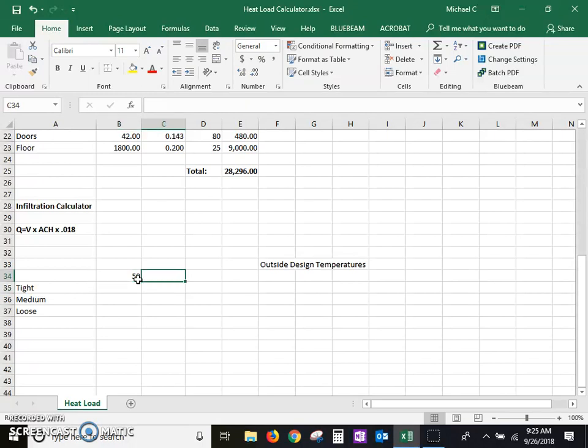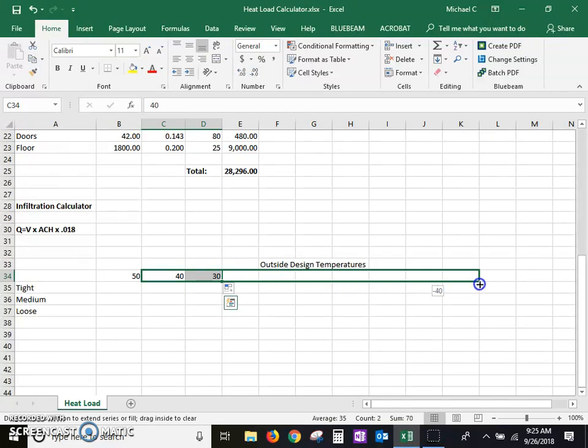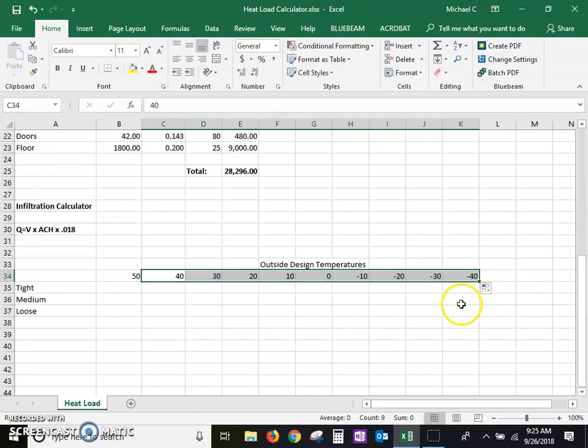Okay. And then we'll see if I left enough room here. 50, 40. Let's see if Excel gets the hint. It does. So what I did was I typed 50 and 40, which are 10 apart. If I highlight both of them and use that quick copy function, it knows that I want to subtract by 10 each time, down to basically minus 40 here.